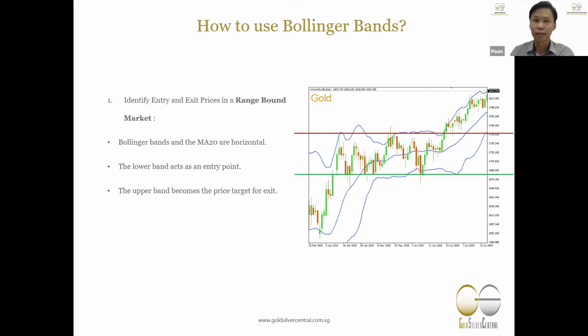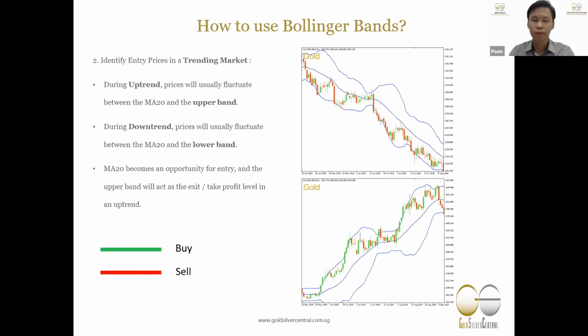So what happens in the trending market? As you can see, if you buy at the lower band on the downtrend, you're gonna burn a hole in your pocket. Or if you sell at the upper band on an uptrend, you're missing out on higher profits. So what do we do in trending markets?